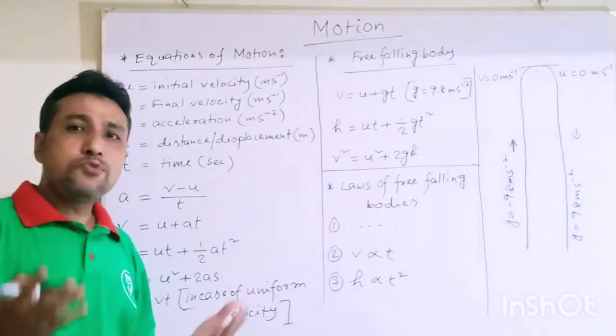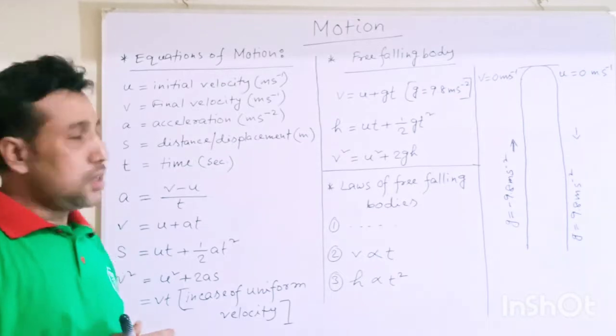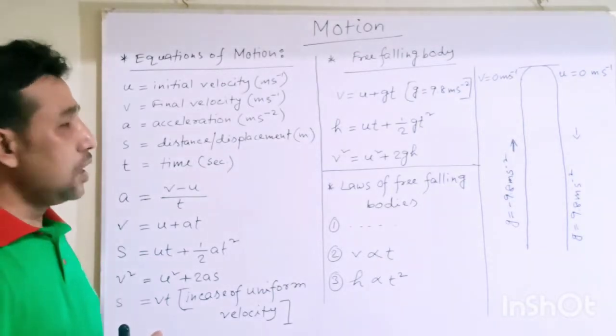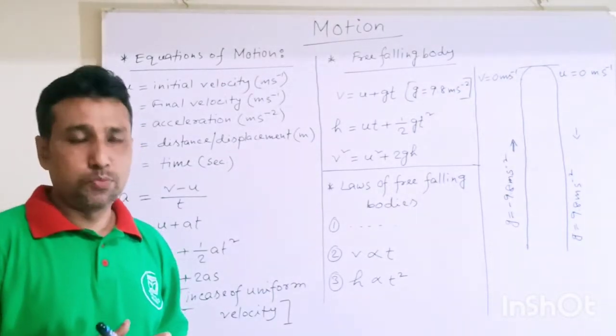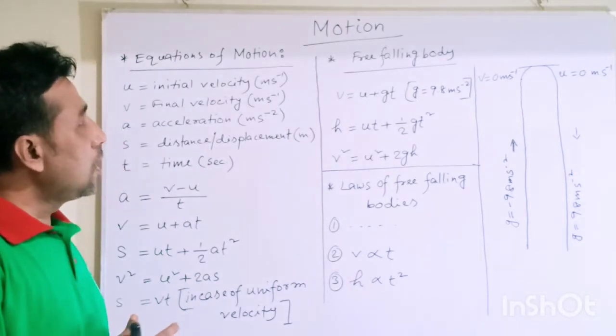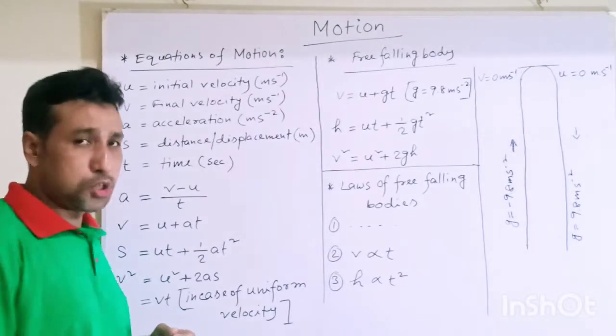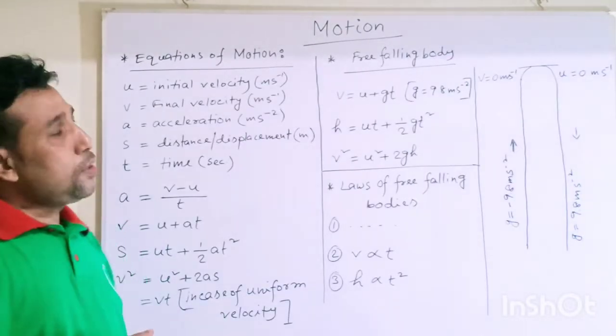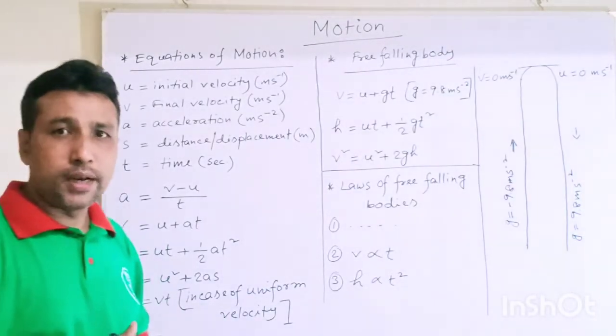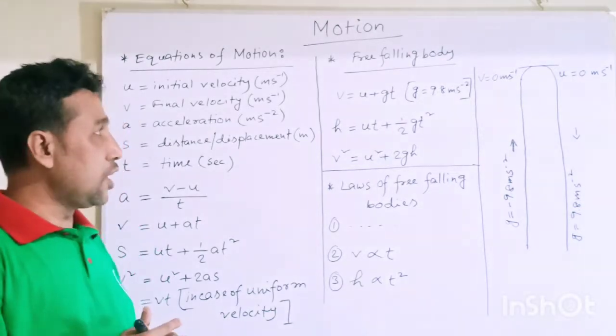There are various types of motion. You will learn it through your textbook. Here we will discuss the equations of motion. The topic of motion is very important for the secondary level and higher secondary level also.